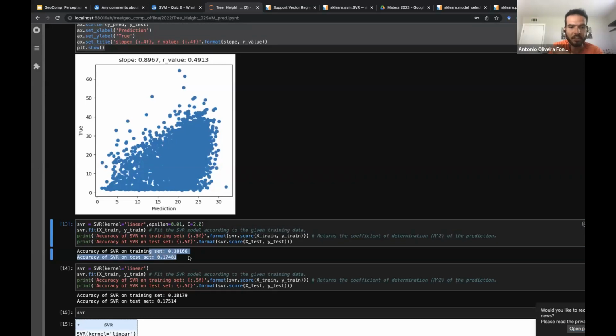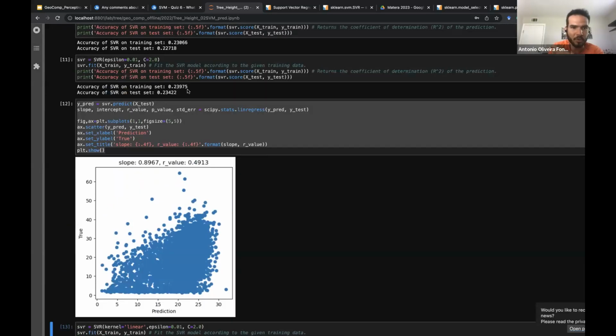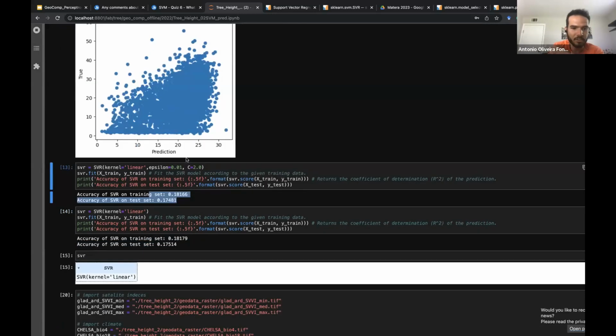It went from 0.23, almost 0.24, back to 0.18. That's a substantial decrease. Probably this method here would perform worse than the forest height estimates given by the other publication.